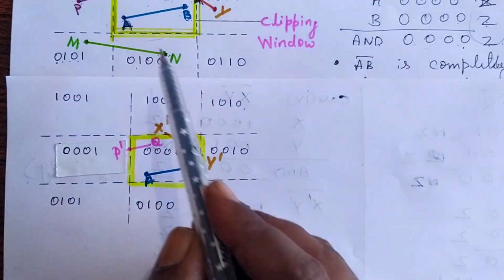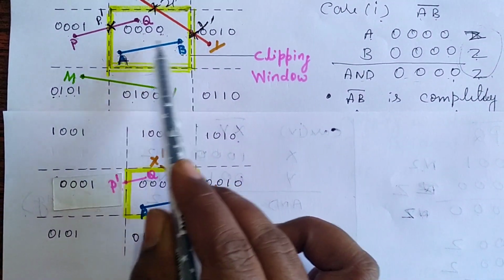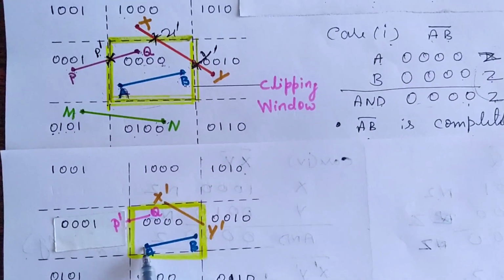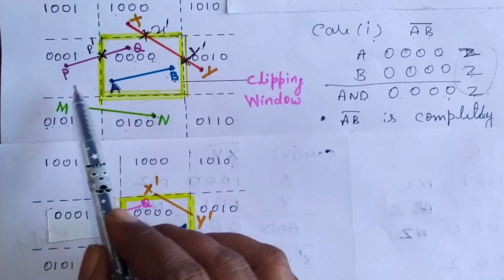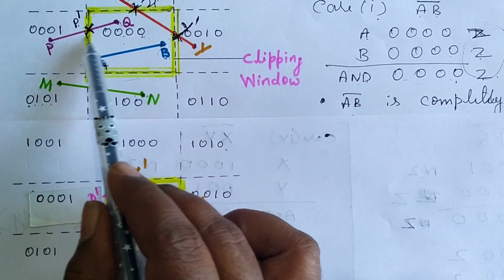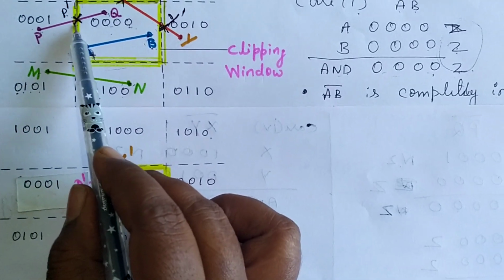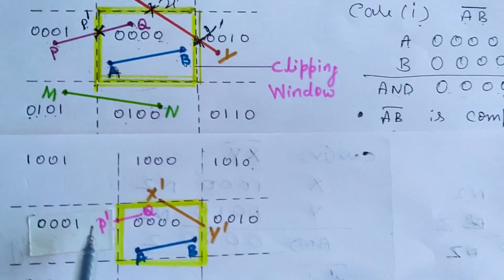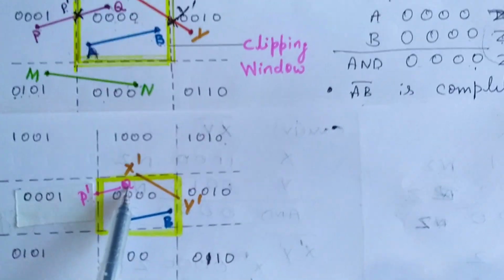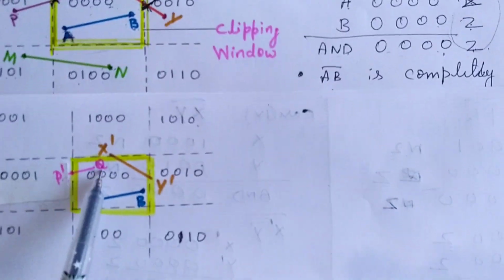The line AB is completely visible inside the clipping window, so we have not done any clipping here. Then for the line segment PQ, part of the line segment P and P dash we have clipped, and the remaining line segment P dash and Q is accepted because it lies inside the clipping window.